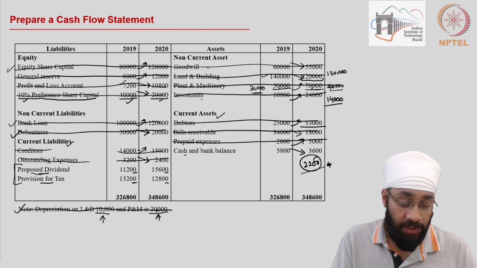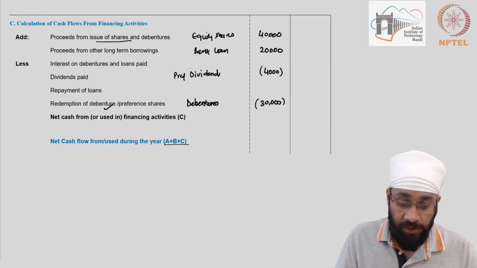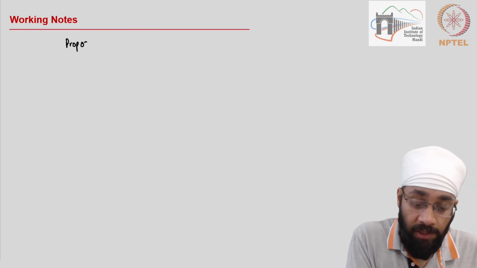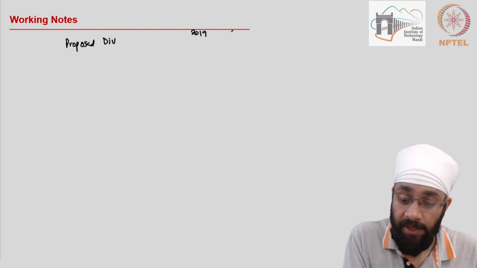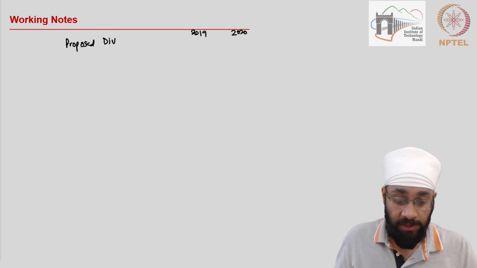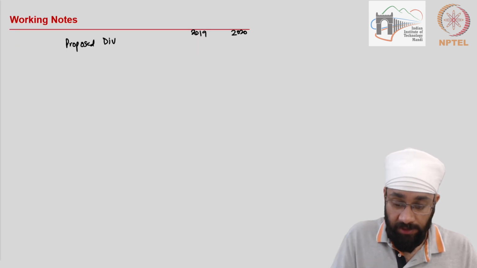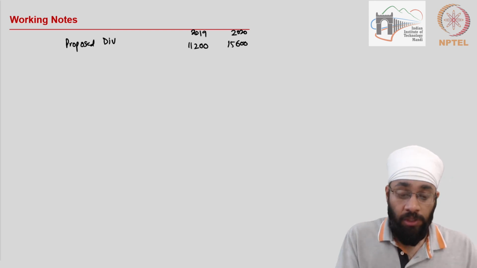So what we're going to do is, for proposed dividend and provision for tax, we are going to assume, I have a sheet for working notes, the proposed dividend, we had 2019 balance and 2020 balance. The amounts are 11,200 and 15,600 here.